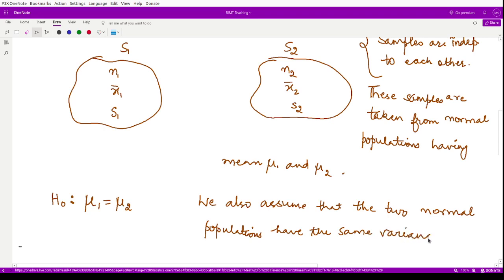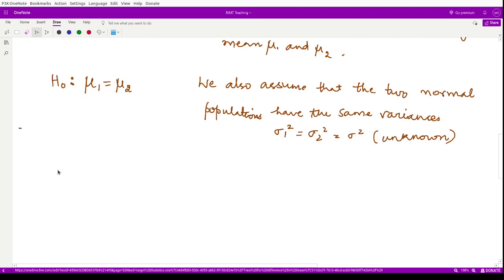That means sigma 1 square is equal to sigma 2 square, and it is equal to sigma square. That means the variances of these two populations are the same, and moreover this is not known to us in the very beginning. We have no information regarding the variance of these two populations.